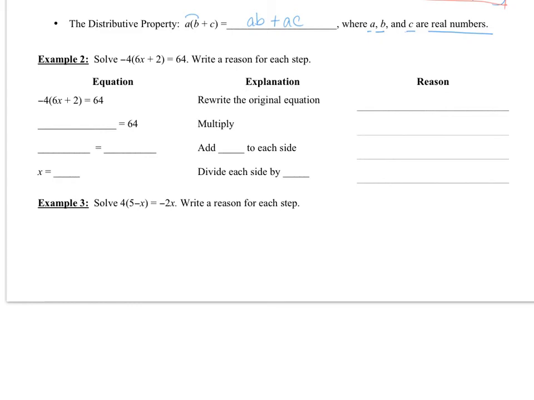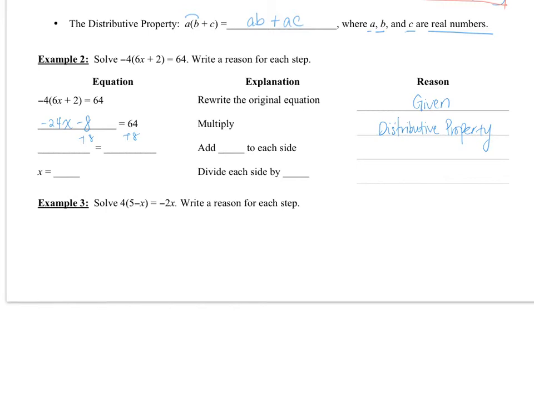Okay, let's try example 2. Write a reason for each step. So first, it's always given, the first step, and then we're going to have to use the distributive property for the next step for the left-hand side of the equation. And then we will get distributive. Now we need to add 8 to both sides.